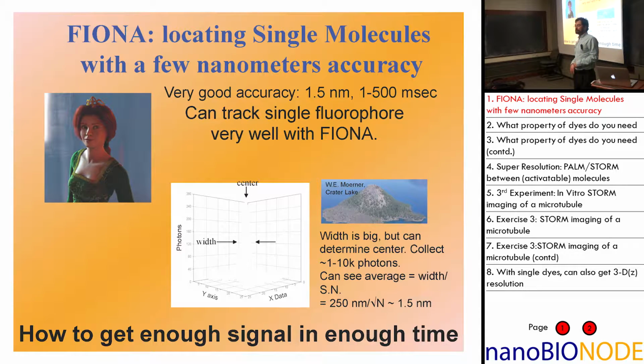If you have a larger population in the excited state, then more fluorophores will be turned on, right? Yeah, but we're not talking about an ensemble. We're talking about a single dye.